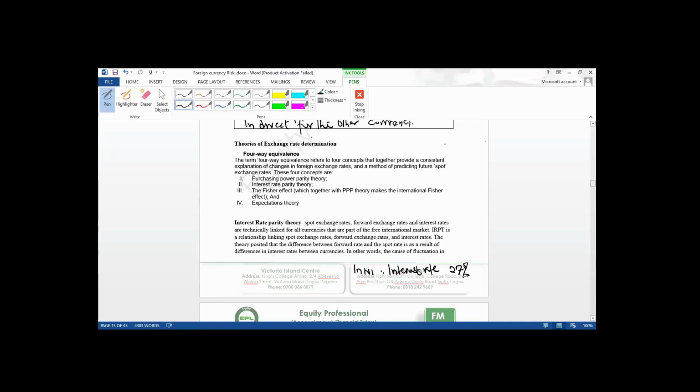If you look at the interest rates in Nigeria, currently interest rate in Nigeria is 26.5%.